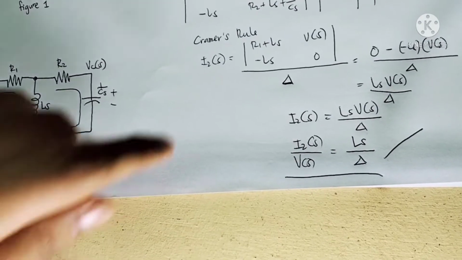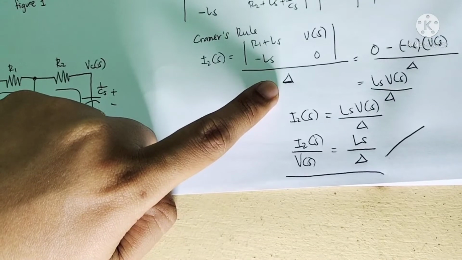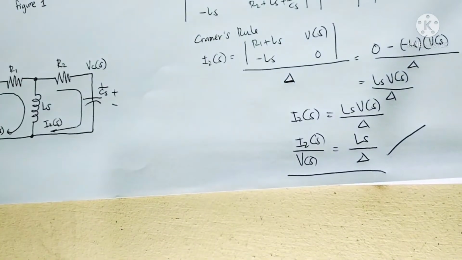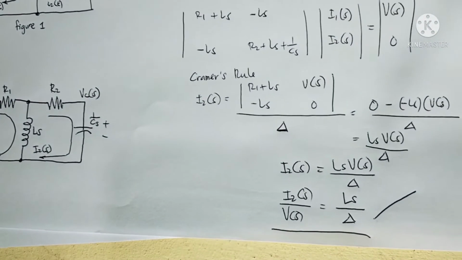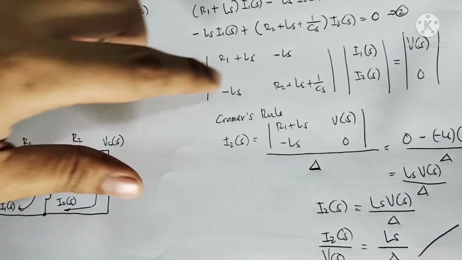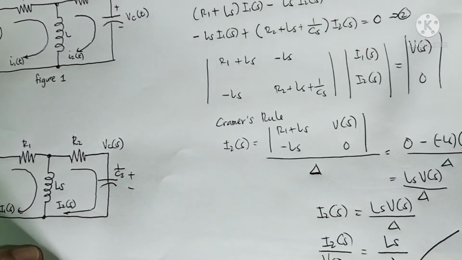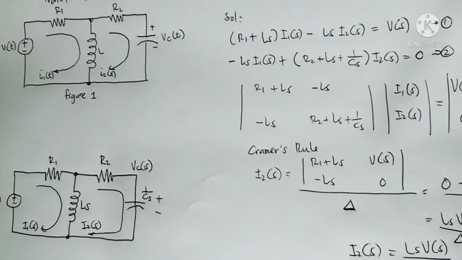But we have to find the delta first, in order to find the transfer function. The delta is just the coefficient matrix of the mesh.